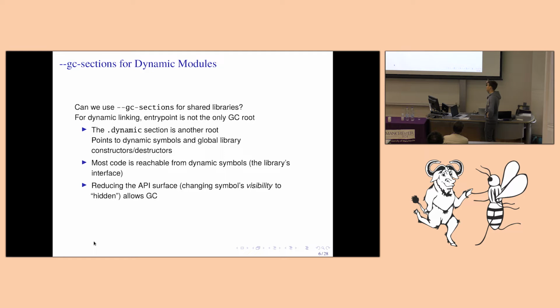It can do so automatically if we change the symbol's visibility attribute to hidden, because hidden symbols do not comprise the API. There's no reason to keep them.